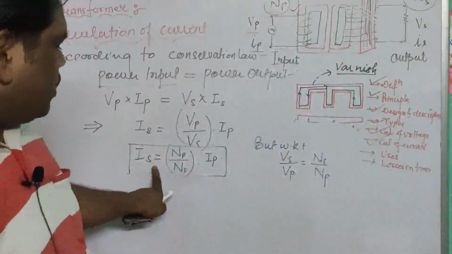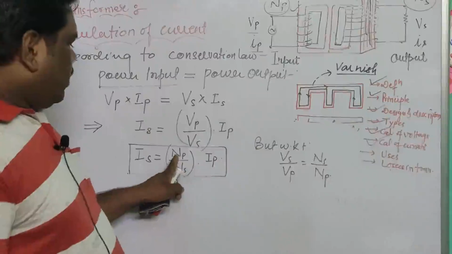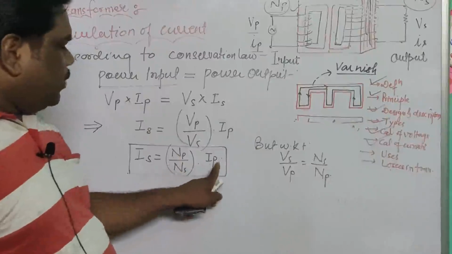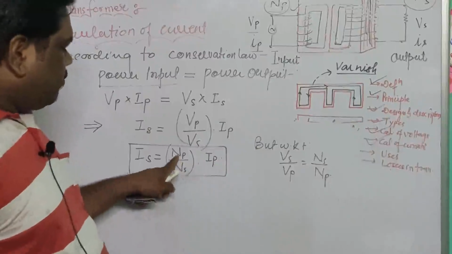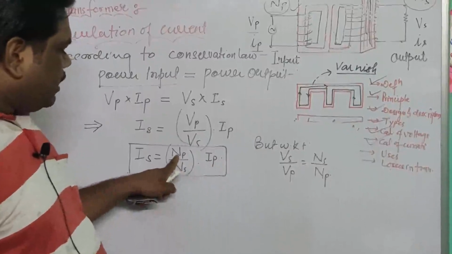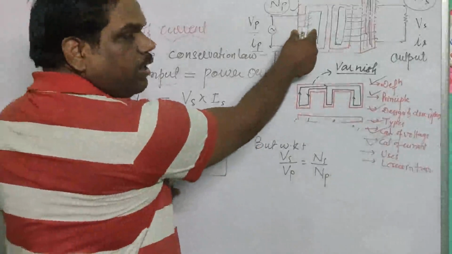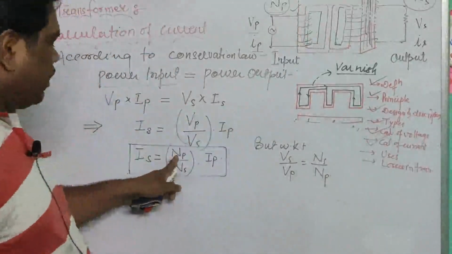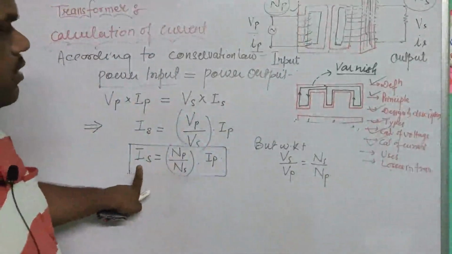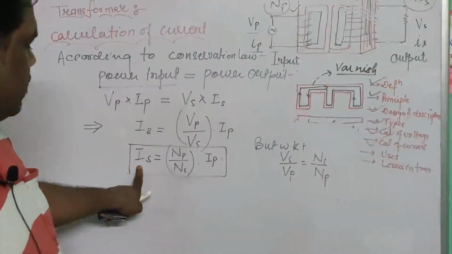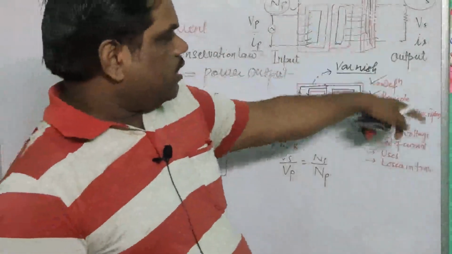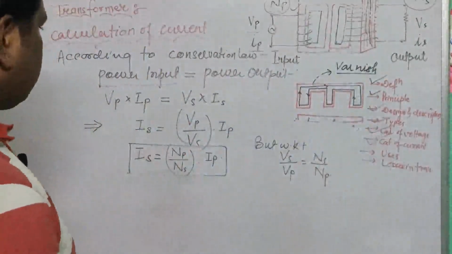Here Is is equal to Np upon Ns into Ip. It means if the number of turns in the primary coil increases, what will happen? Is, that is the current across the secondary, will decrease.